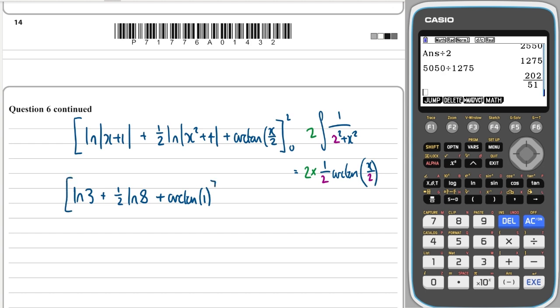And then I'm going to subtract the 0 limit. So that's going to give me ln of 1, which we know is 0, so I'll leave that one out. And I'm going to get a half ln of 4. And then I'm going to get arctan of 0, which again we know is 0, so I'll leave that one out.